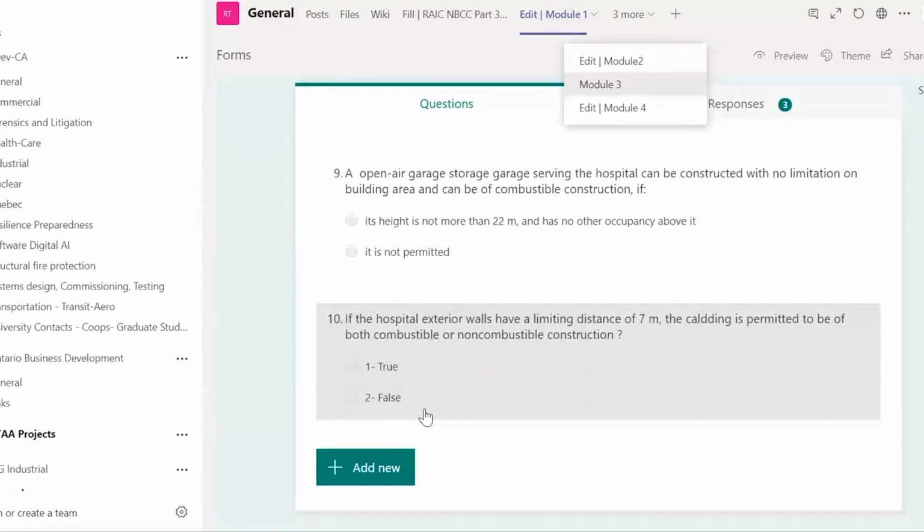And if you take a look at that table, at 7 meters, we know the limiting distance is permitted to be of combustible, non-combustible construction. So we have 88, 150, 66, 100, 100.